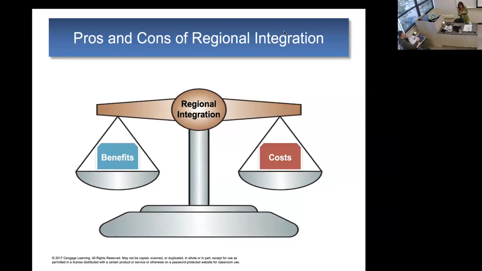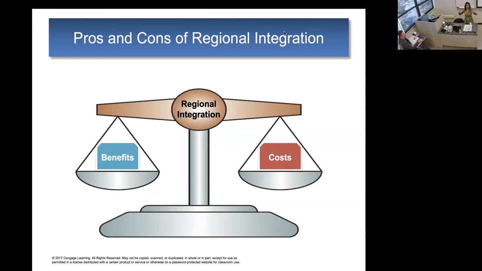All right. Pros and cons of integrations. You all tell me the benefits of regional and economic integrations. What are some of the advantages the countries gain? It's the same as free trade. Yeah, exactly, the quality of life, and more consumers. Yes.